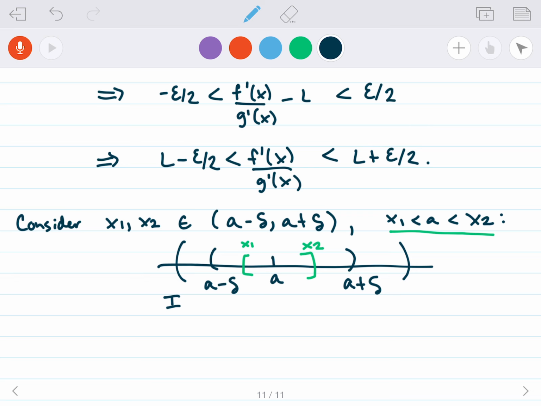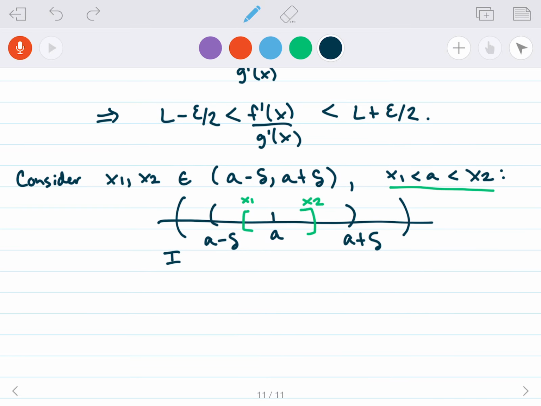Now f and g are both differentiable on our interval I. Well, this closed interval from x1 to x2 is certainly contained in this open interval, so in particular our functions are differentiable on x1, x2. Let's write that down.